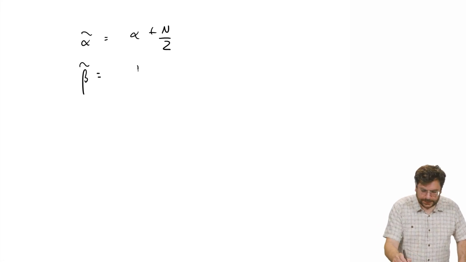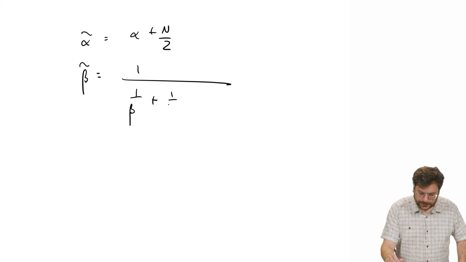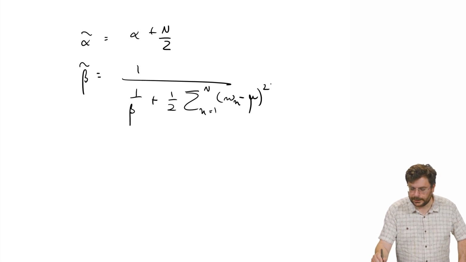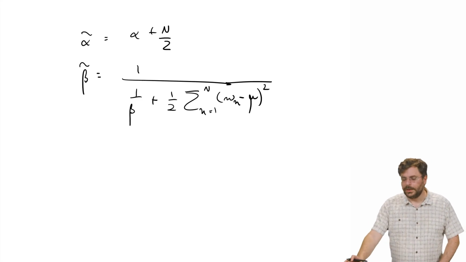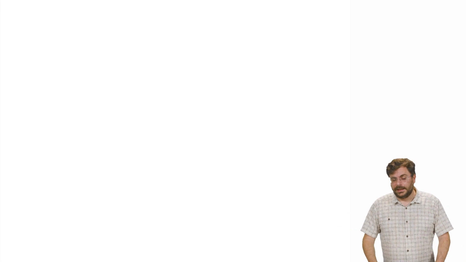And beta tilde turns out to be 1 over (1 over beta plus 1/2 sum over n from 1 to n of (w_n minus mu) squared). So this was for the very simple example of a conditionally conjugate sort of mean and precision pair.